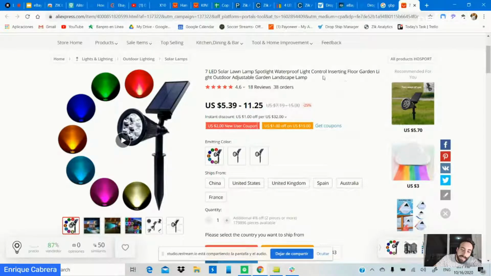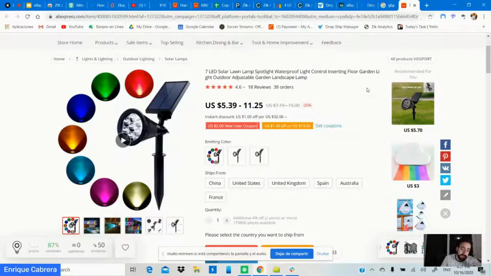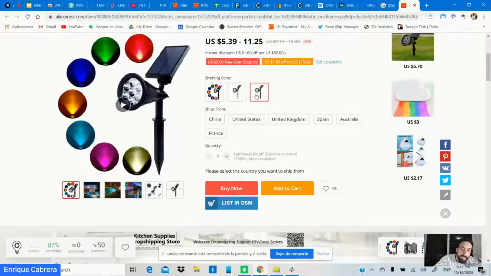So we know that this has 38 orders, and out of those 38 orders, overall, they gave this product 4.6. Not bad. Actually, always look for products that have a 4.5 star rating or more if possible. Once you determine the star rating and how many orders this supplier has, then you can go ahead and choose the variation.